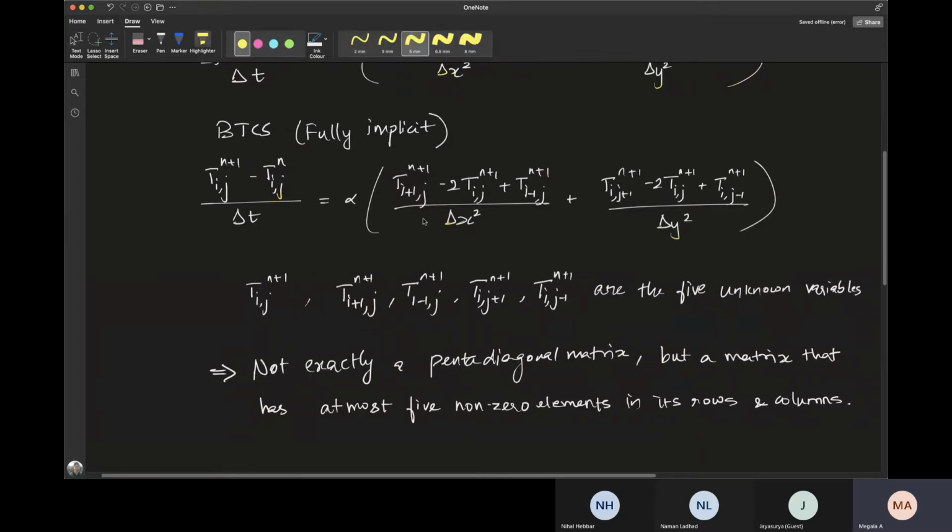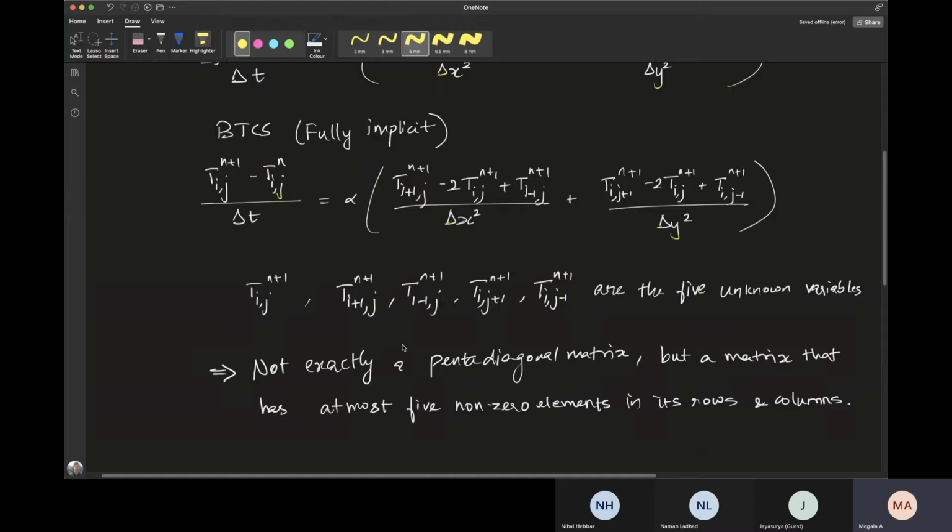So this equation can be solved by taking all the n plus 1 variables to one side and the variable at the nth time step to the other side. That way we'll have to formulate a matrix and then solve the system.